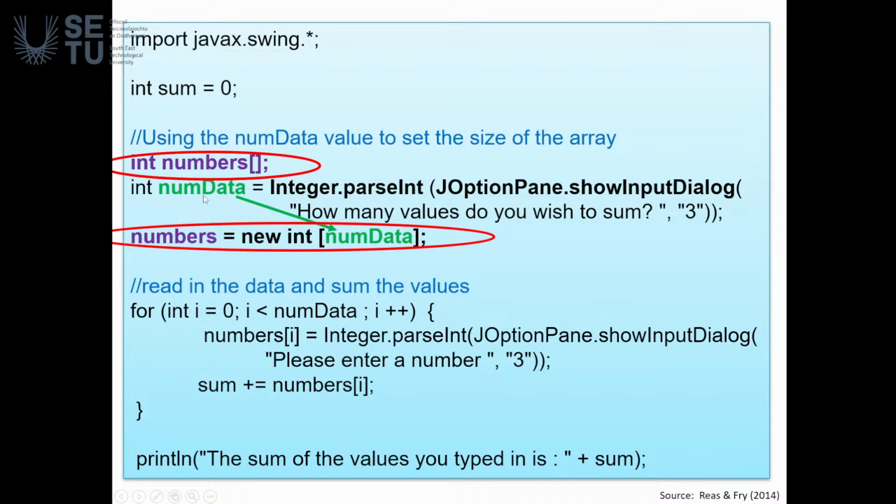We're creating our array. So we're declaring that we're going to have an array called numbers. And again, remember I said before, you can have the square brackets after int or after numbers. Okay, both do the same job. We're asking the user for a value. They're going to give us a value. So now we can say we want it to be 10,000 or we want it to be 5.